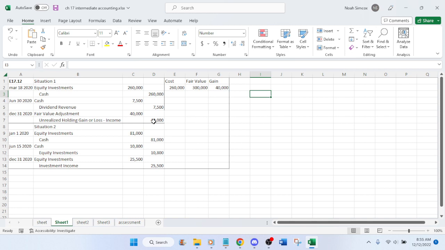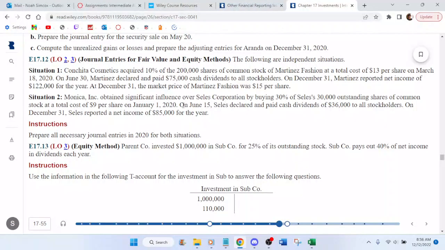Okay. And then the second situation is going to be the equity method. For the equity method, the dividends are going to decrease your equity investments, and the change in fair value will not affect anything.